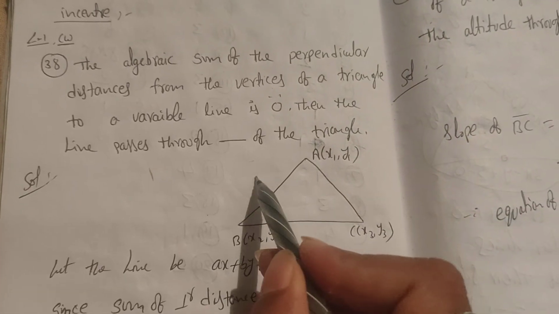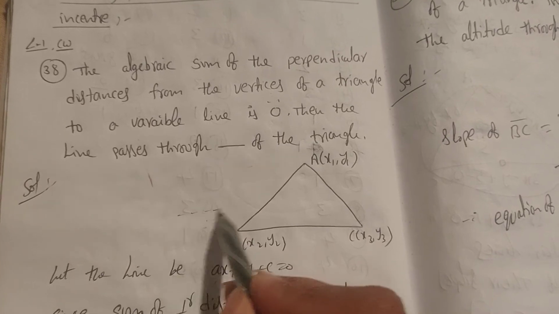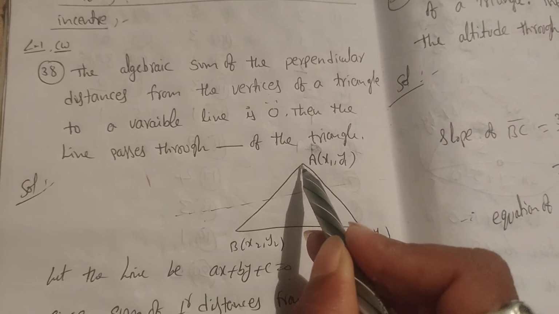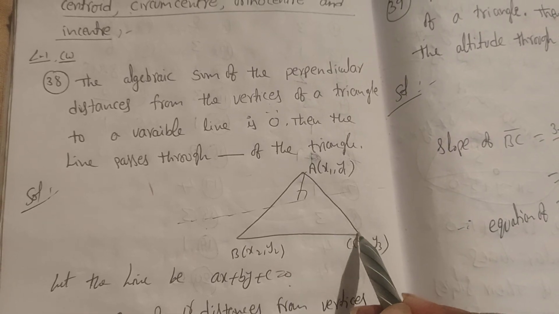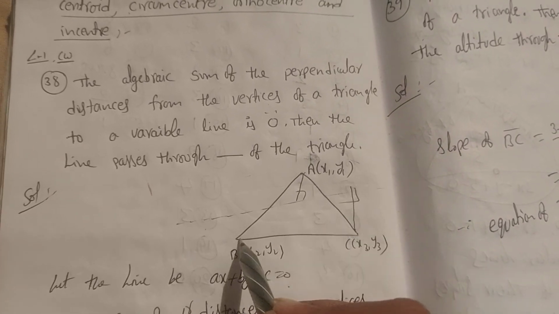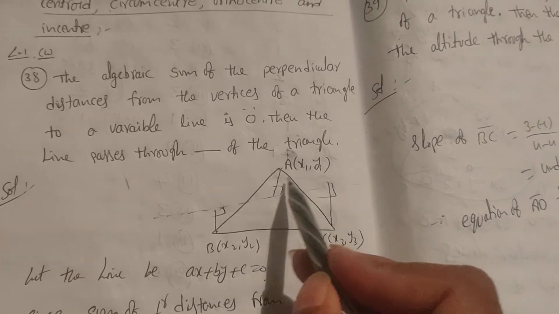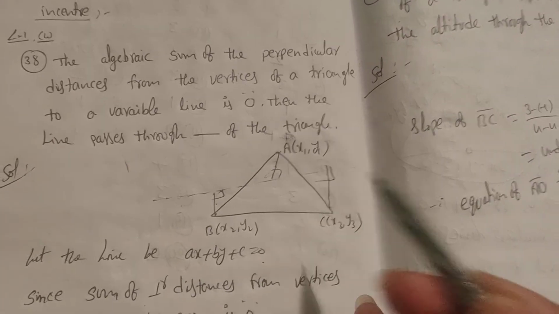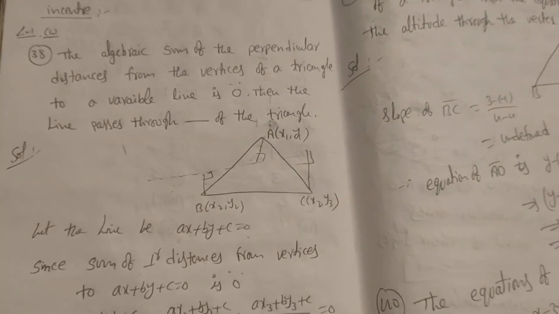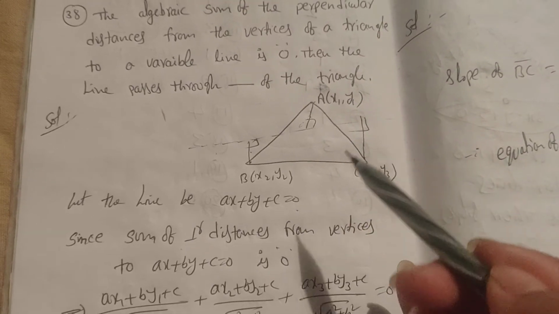If you take any line, the perpendicular distance from each vertex, the sum of this distance plus this distance plus this distance is equal to 0. Then which point is this line passing through? That is what is asked.